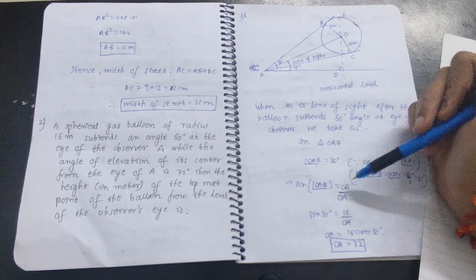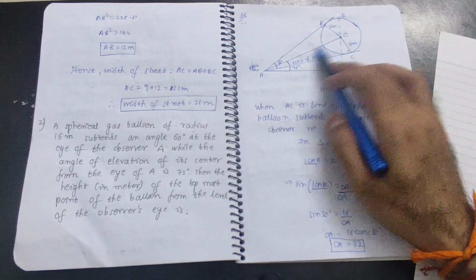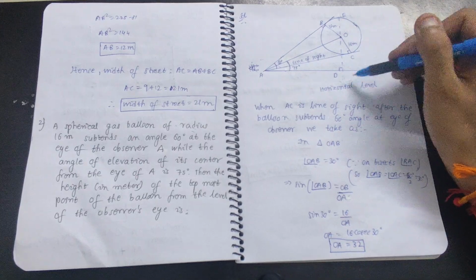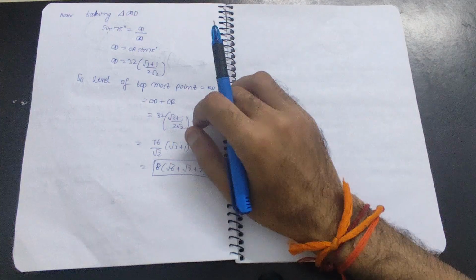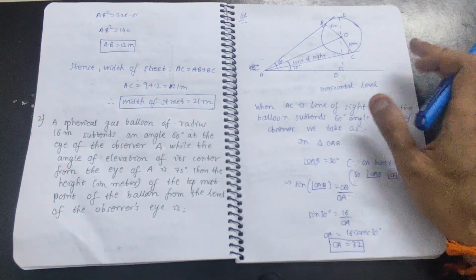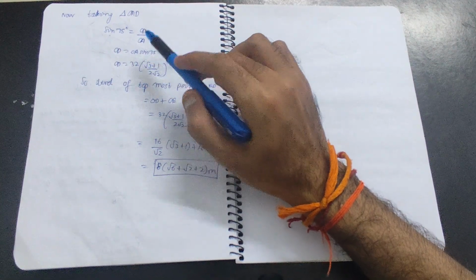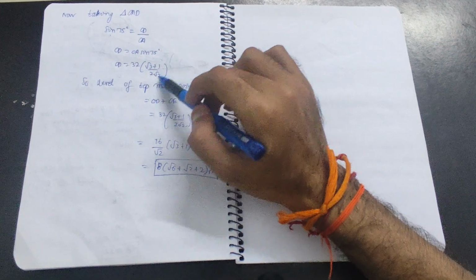Now we find sine of angle OAB and calculate this side first, because we need to find OE and OD. For finding OE and OD, we need OA, of course. We take triangle OAD, and in triangle OAD you apply sine 75 degrees is equal to OD by OA. So OD is OA sine 75, and the sine 75 value is this one.